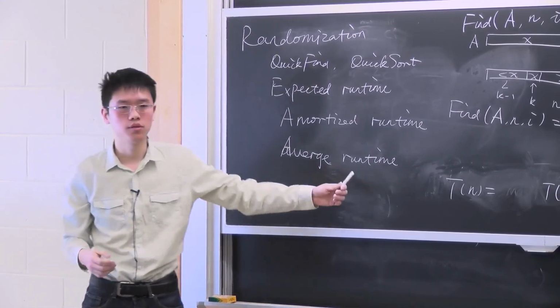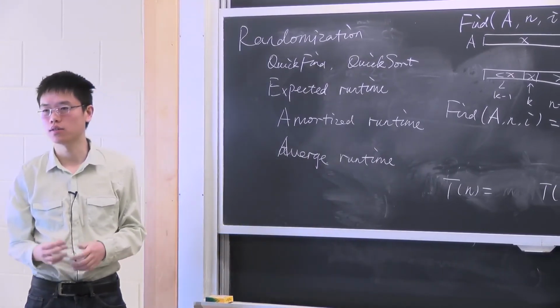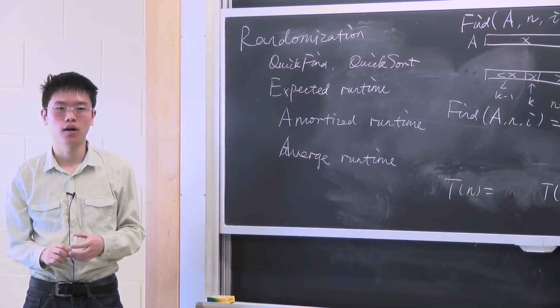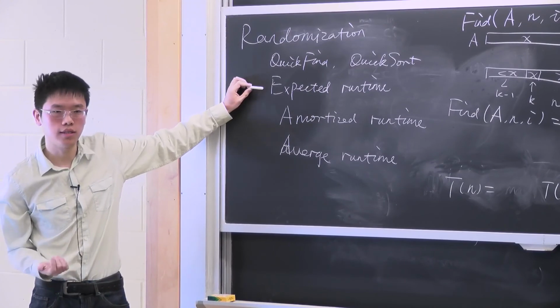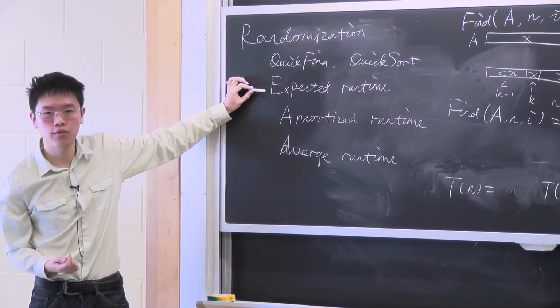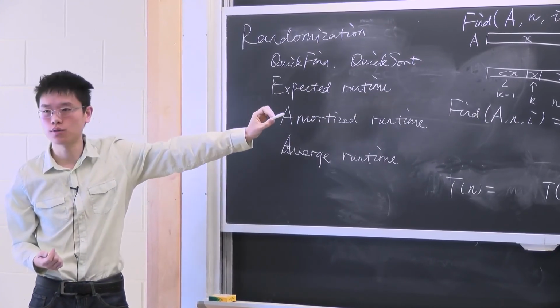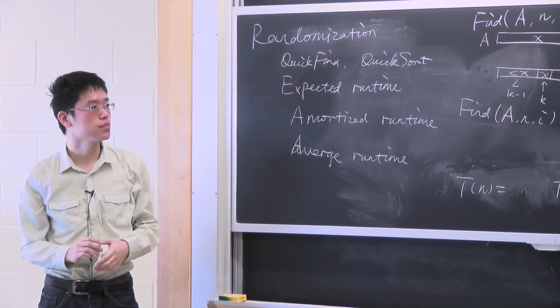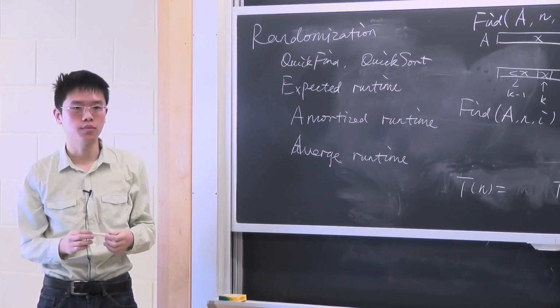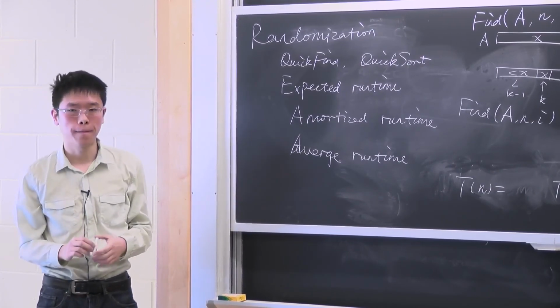So average runtime is usually a very weak argument, because you have to make assumptions about your input. And expected runtime is definitely better, because we are taking average over the randomness we introduced. They are independent of the input, so we are not making any assumptions on the input.